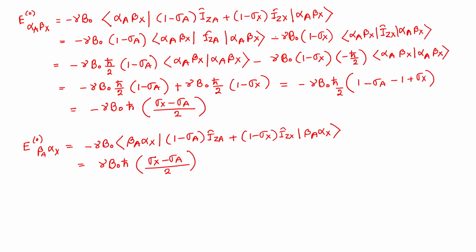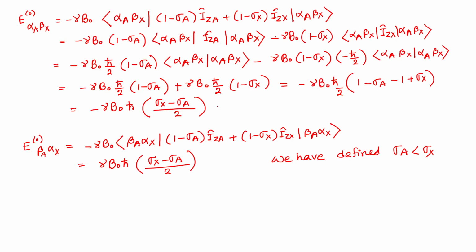When there is no magnetic field, all these four states were degenerate. Now when the magnetic field is there, due to the presence of this magnetic field, all these four states have different energies. Now we have defined that sigma A is less than sigma X, right?